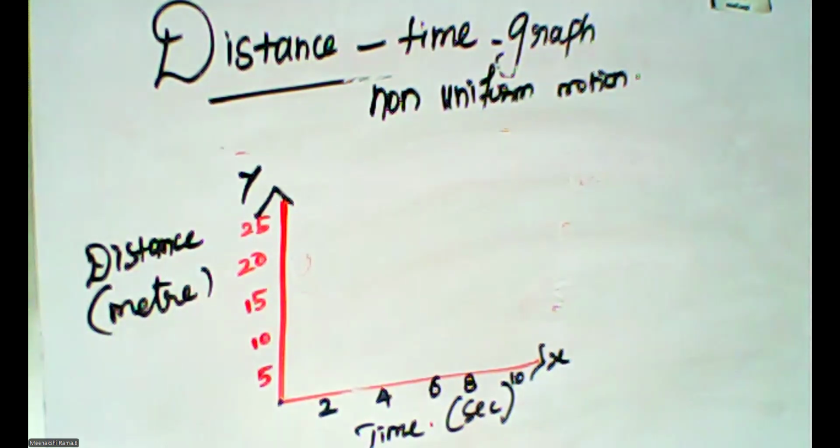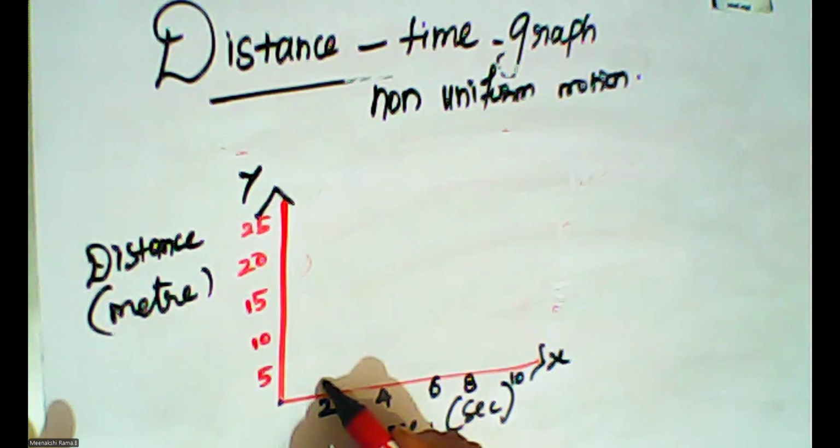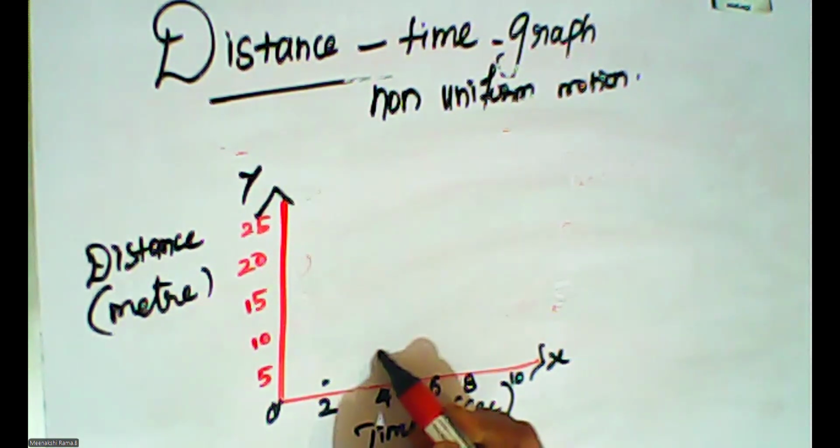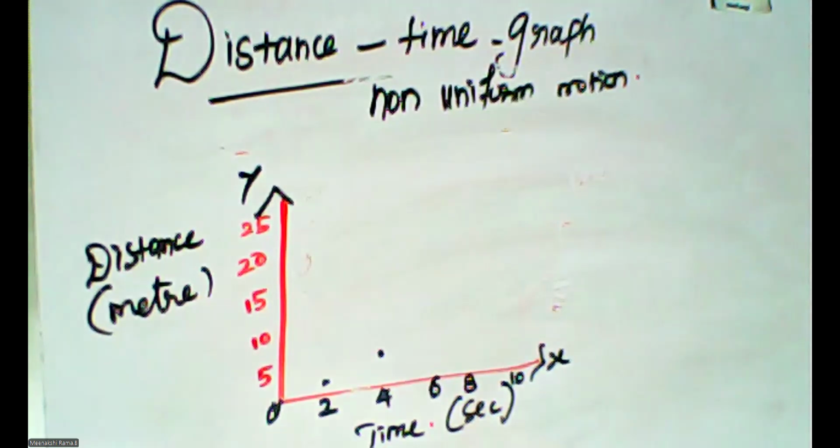Okay. First, 0 seconds means this is at the 0 point. In the first 2 seconds he crosses only 1 meter. At 4 seconds he has crossed 5 meters.